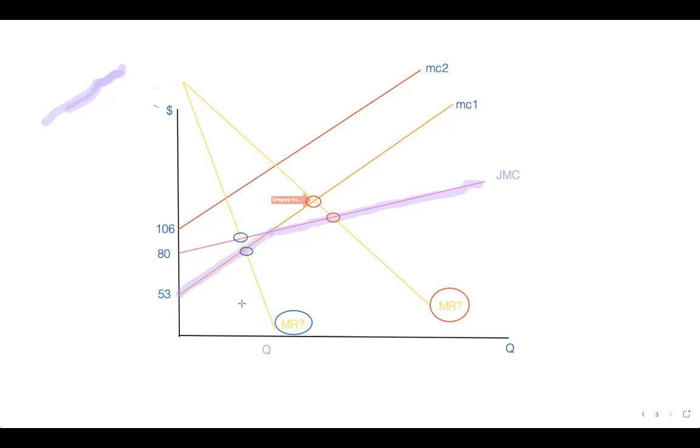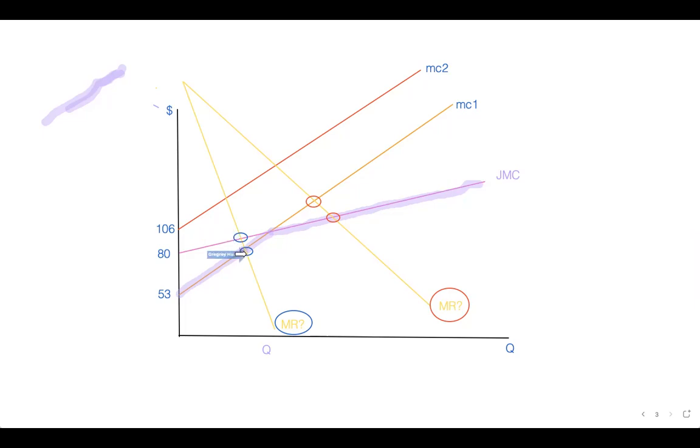And in this case, the blue type of equilibrium, the output associated with the intersection of the marginal cost of the low cost firm is higher than the output associated with the intersection of the joint marginal cost and the marginal revenue. So now this is greater. You see what I mean, Brian?